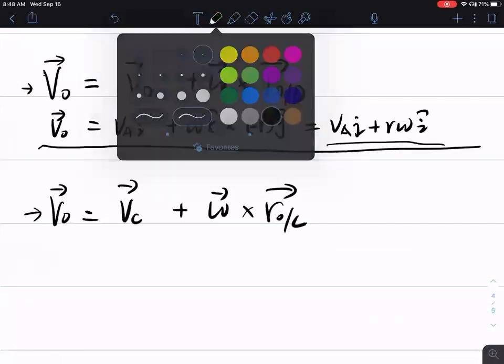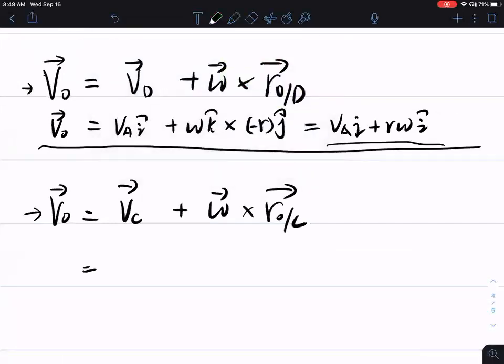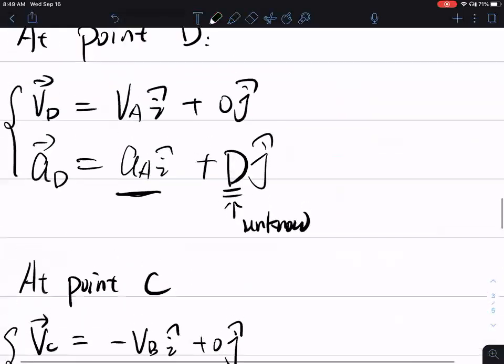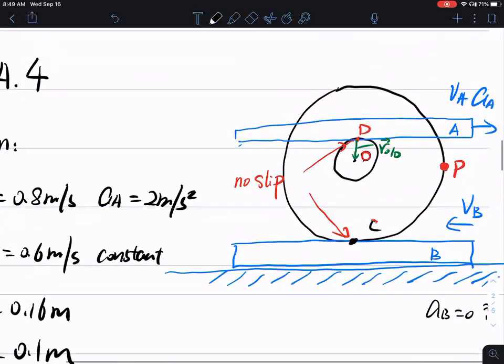Let's look at the second equation. We plug in what VC is, negative VB I, minus RO/C. That's a vector pointing from C to O. Let's look at where that C to O is. From C to O, that's this vector here.